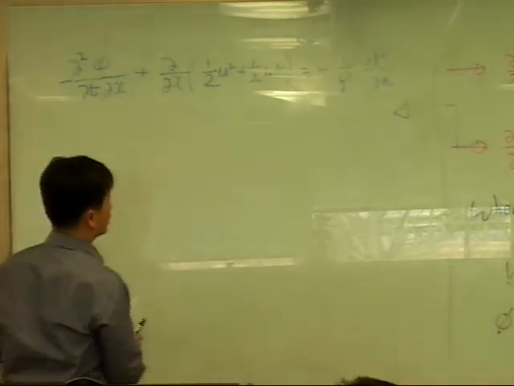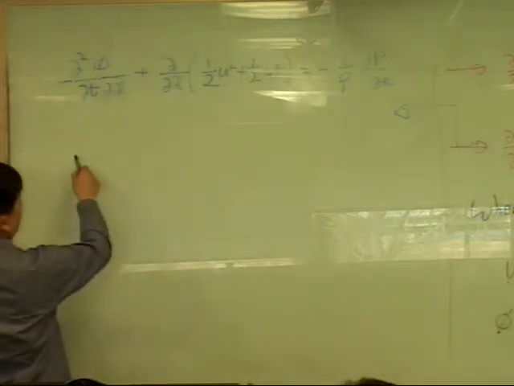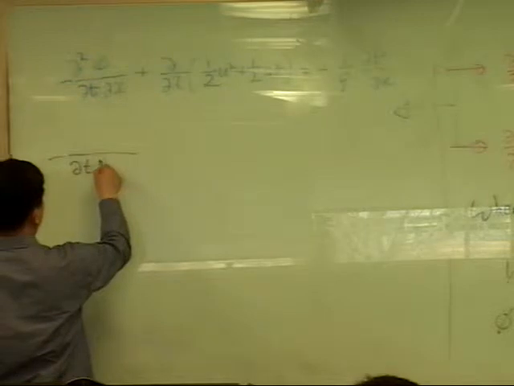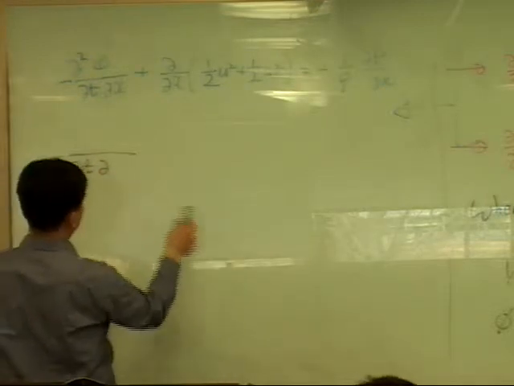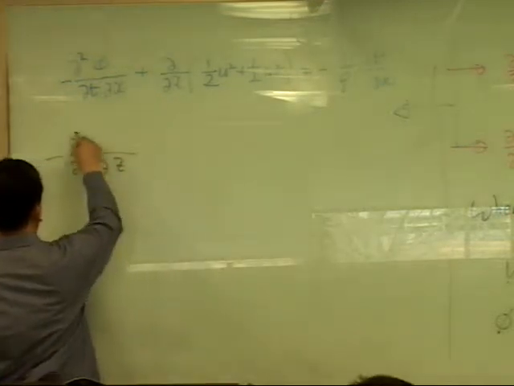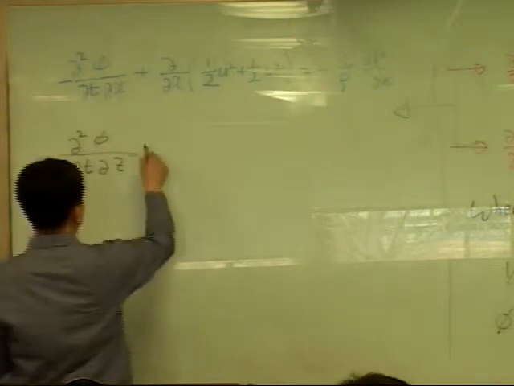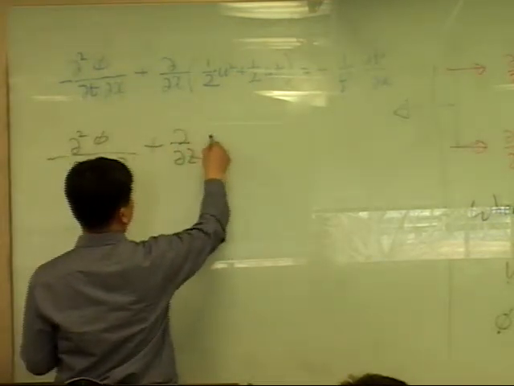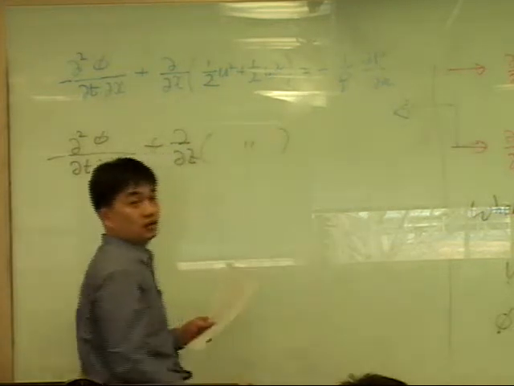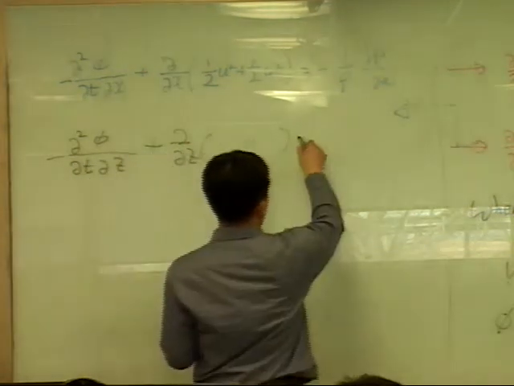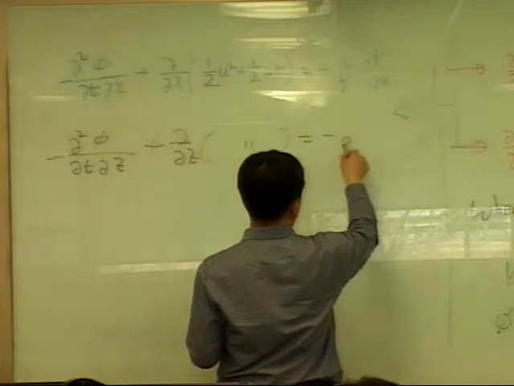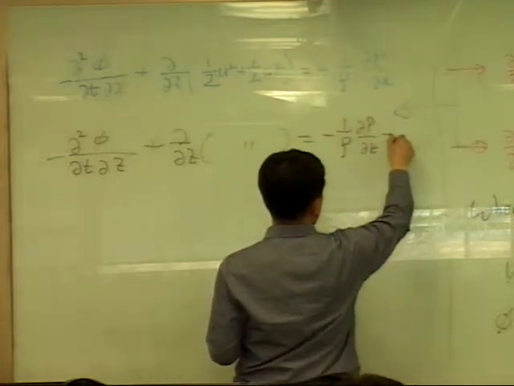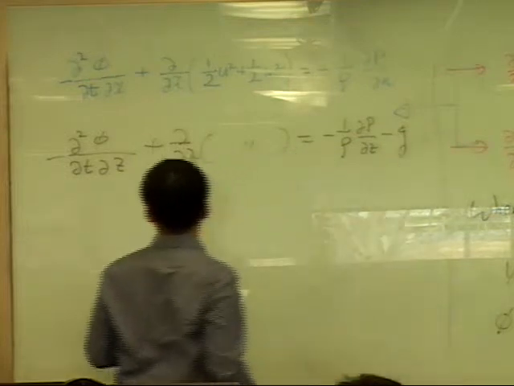And the second one, minus g, plus the same thing, and minus 1 over rho, minus g, right?